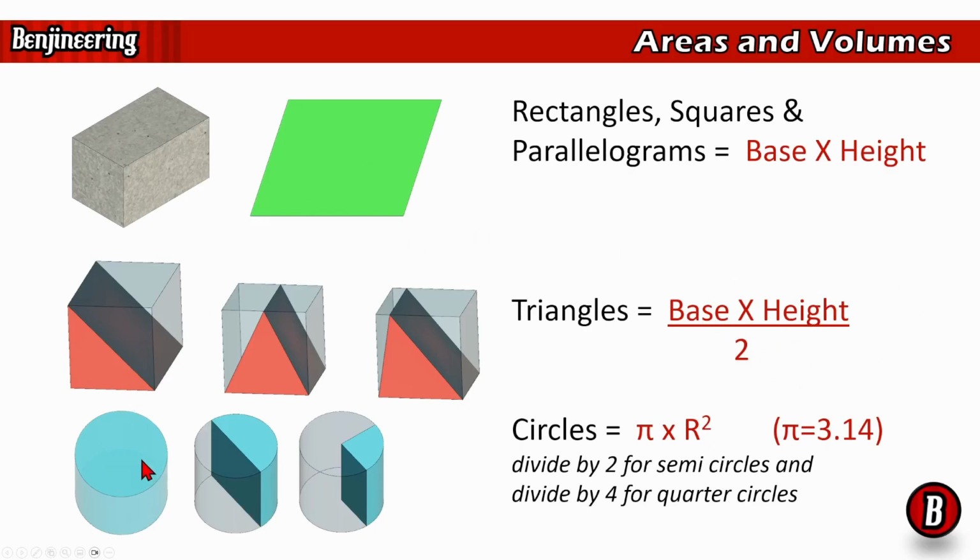And for circles, it's pi r squared. All right, so pi multiplied by radius squared. And we can use 3.14 for this. I don't think you're ever going to get marked down in an exam by rounding pi to 3.14. Or if you're a really bad engineer, you can round it to 3, but don't do that. And to work out a half circle or a quarter circle, you just divide by 2 or divide by 4.